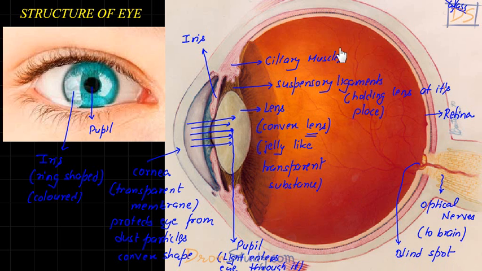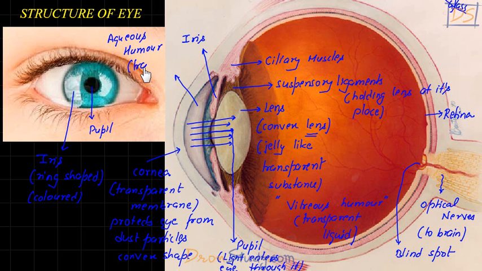Then this whole structure, students, is filled with a liquid called vitreous humor. Vitreous humor is a transparent liquid. You have to remember this name. Similarly, in this small portion, there is another liquid called aqueous humor.